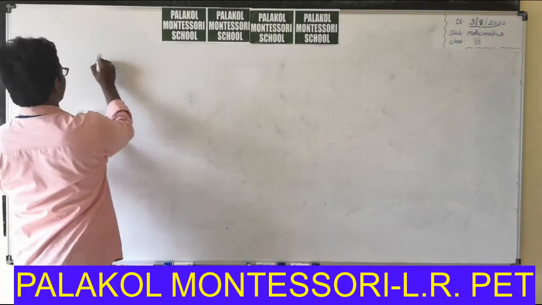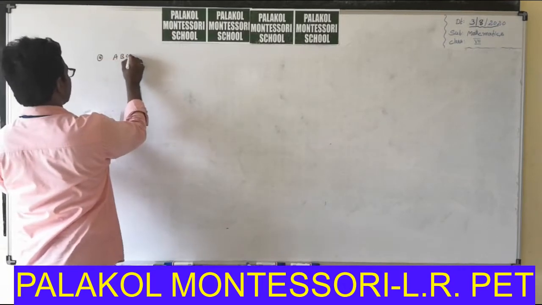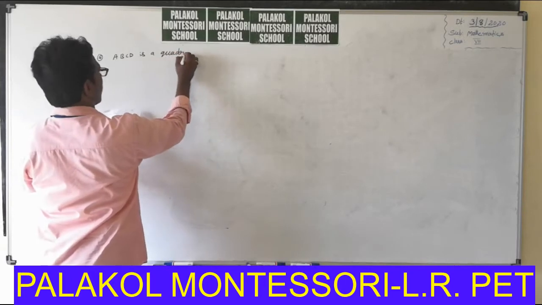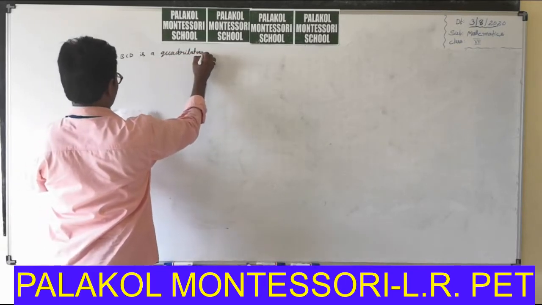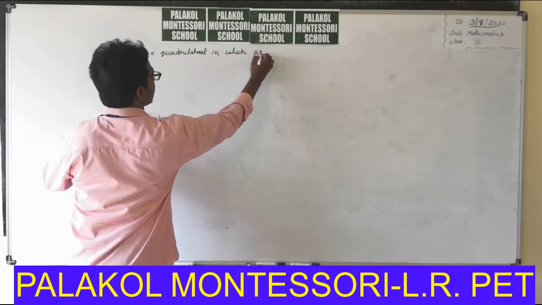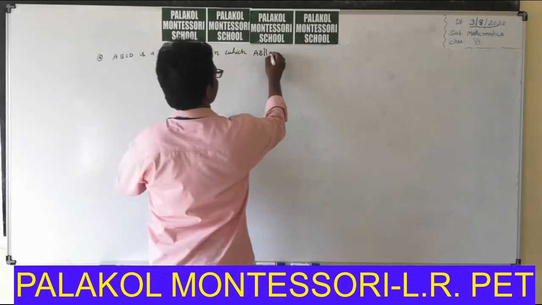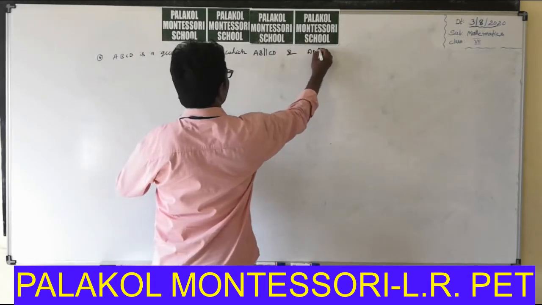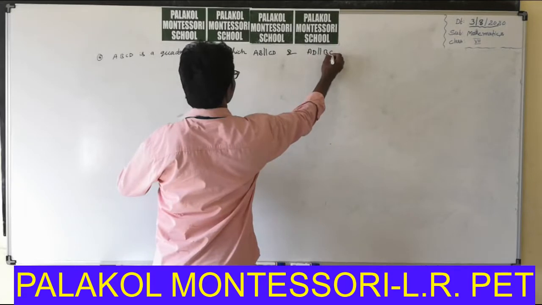Fourth question. ABCD is a quadrilateral in which AB is parallel to CD and AD is parallel to BC.